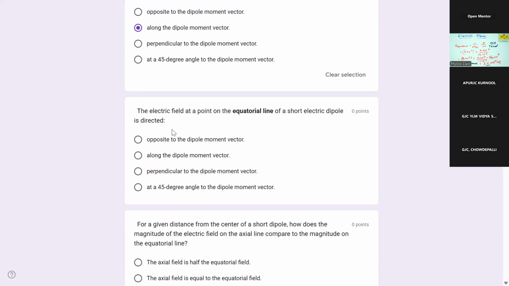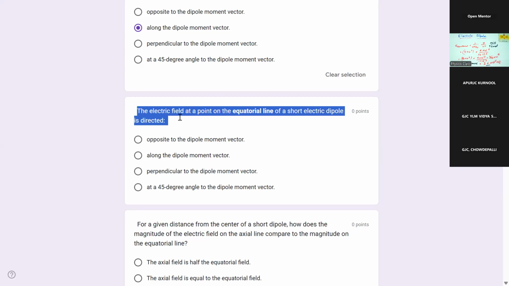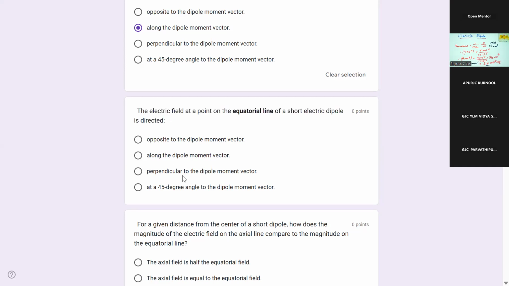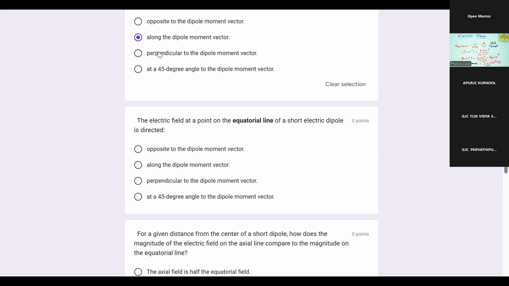But in the case of the equatorial line, for the third question, you can easily say that the electric field at a point on the equatorial line of a short electric dipole is directed opposite to the dipole moment vector. Already I told in the class, option 3 is correct. In that class, we saw that the net electric field E is in the direction opposite to the dipole moment vector. That's why I am putting a minus P vector.